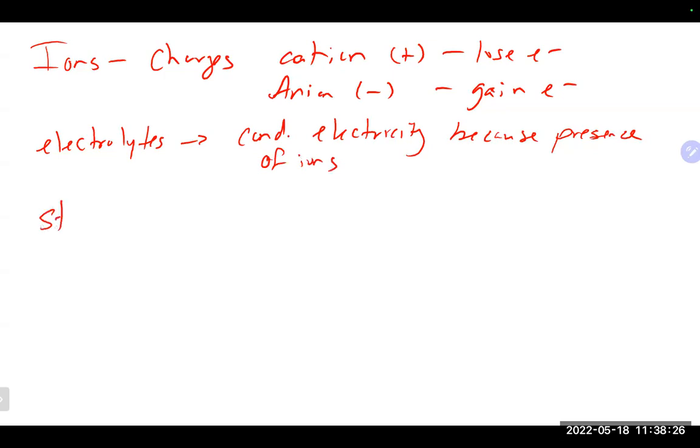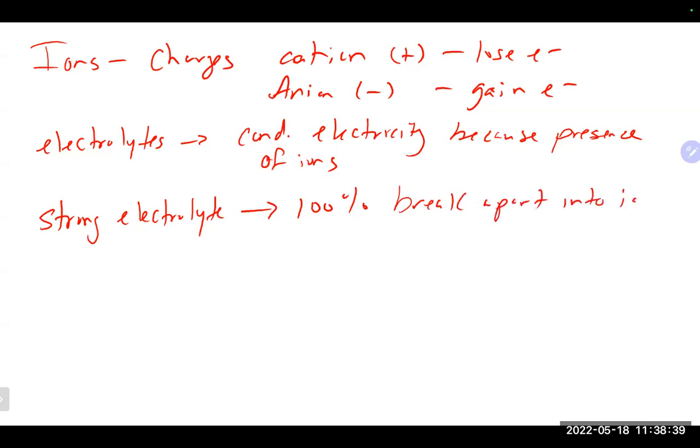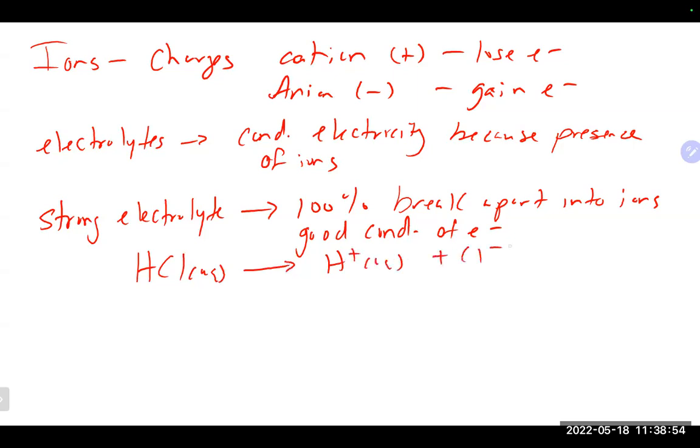There are strong electrolytes, which will 100% break apart into ions, and they're really good conductors of electricity. For example, hydrochloric acid is an example of that. All strong acids break apart 100% into H+ and Cl-. So in solution, 100%, this is what you have. None of the HCl units are still together.